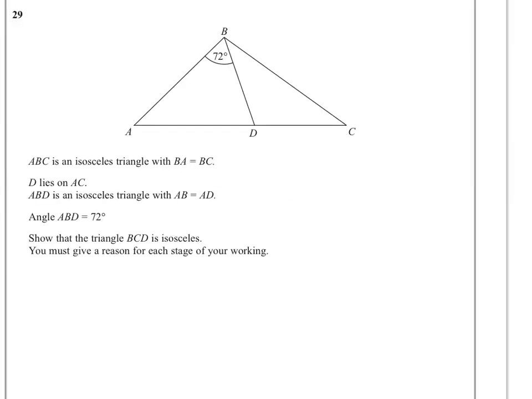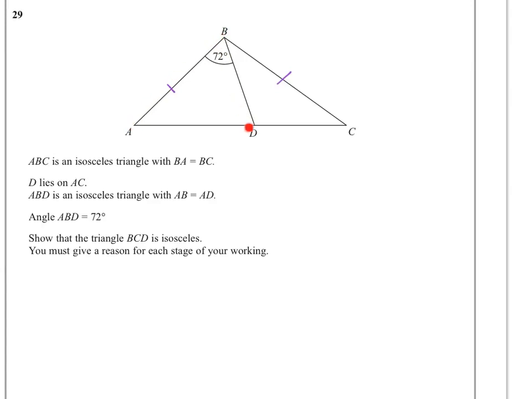Question 29. ABC is an isosceles triangle with BA equal to BC. D lies on AC, and it says that ABD is also an isosceles triangle.